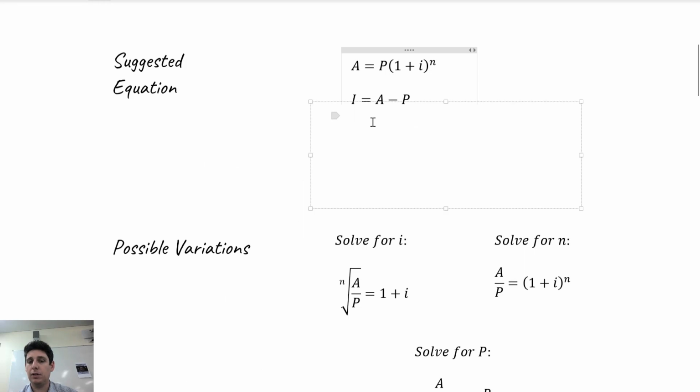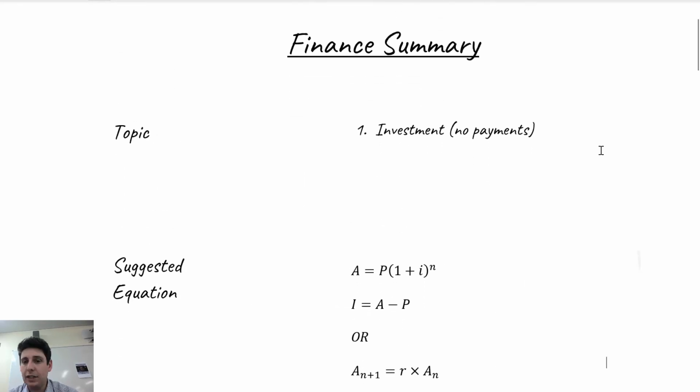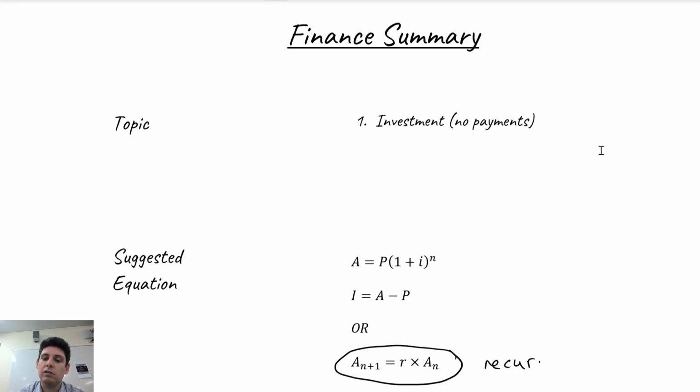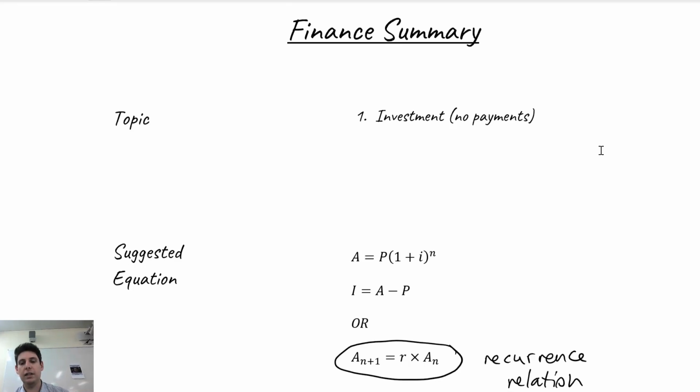Now sometimes you'll get questions around compound interest or investments, and they say use the reoccurrence relation, and that's this one here, the reoccurrence relation. This is basically saying instead of using this fancy formula here, it's just trying to calculate the next month or the next year.